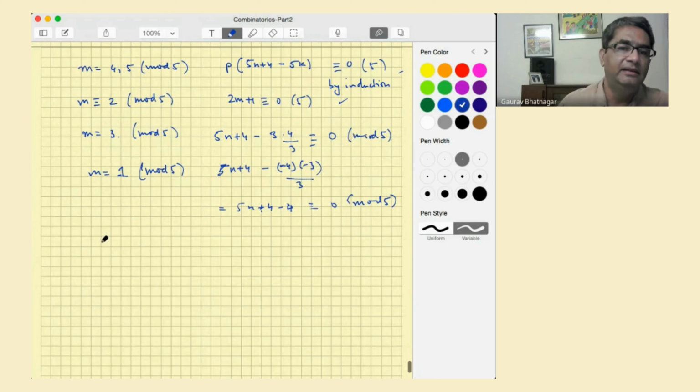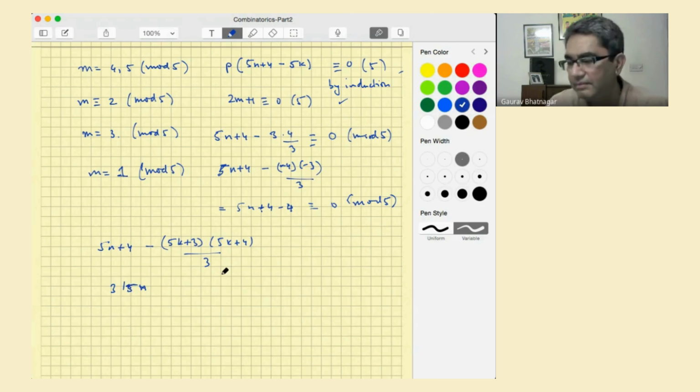So anyway, suppose we have 5n plus 4 minus, let's say, 5k plus 3, 5k plus 4 over 3. Then you can bring the 3 over here. These are the rules of arithmetic, that you can just look at the numerator, assuming the denominator is whatever.